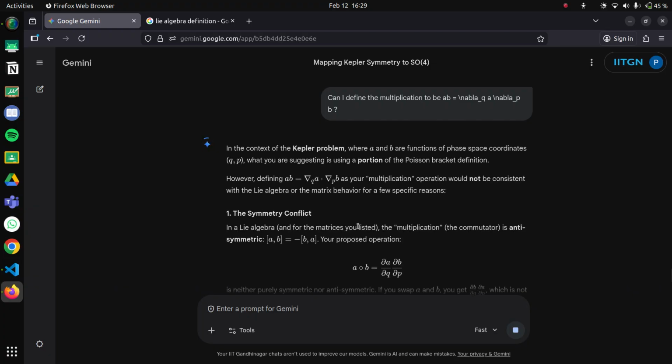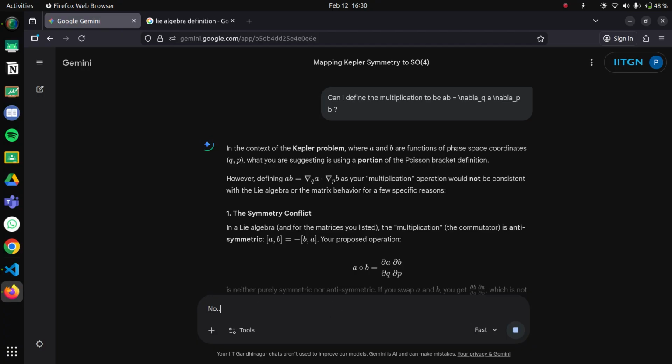Is a portion of the Poisson bracket definition, right? However, defining your multiplication would not be consistent with the algebra matrix. Okay. No. Okay, this isn't understanding.